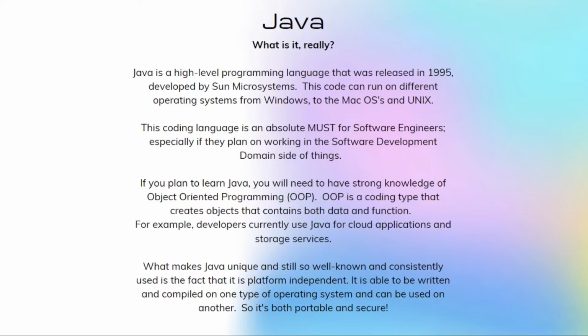What makes Java so unique and so well known and consistently used is the fact that it is platform independent. That means that it's able to be written and compiled on, let's say, a Mac OS, and can be used on, say, Windows or Unix. So it's both portable and secure.